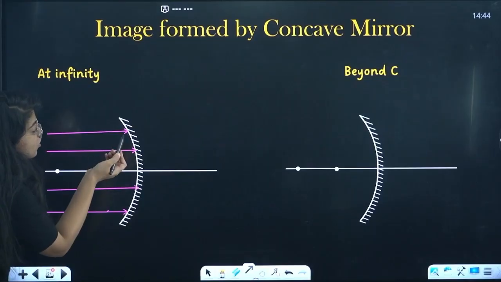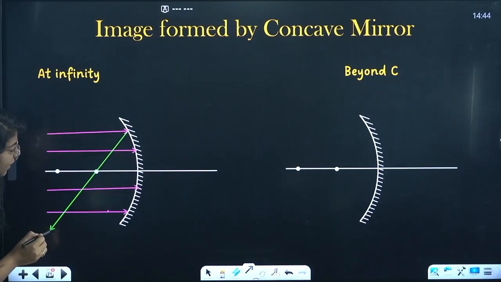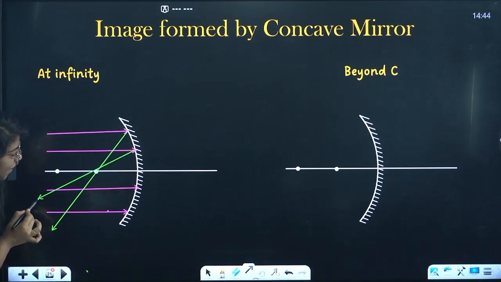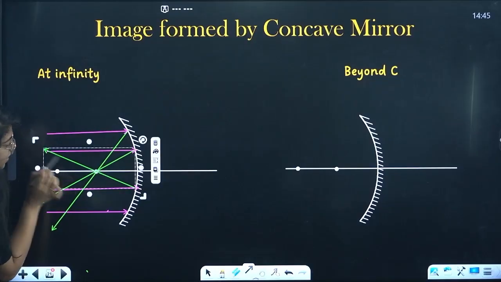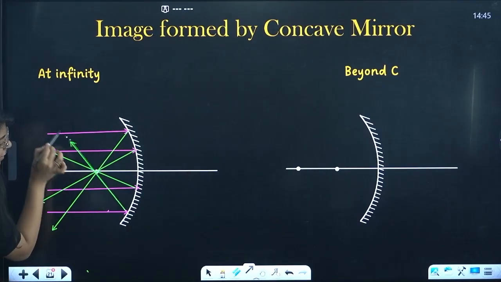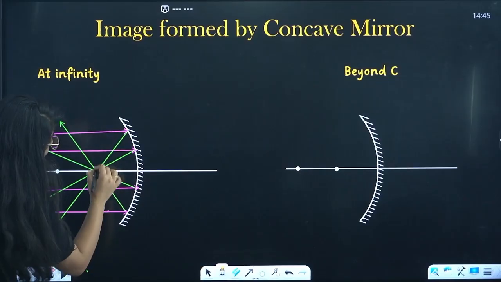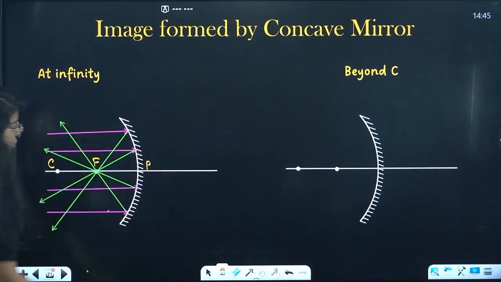This will hit the mirror and reflect back passing through the focus. So all these rays pass through the focus, center of curvature, and your pole.